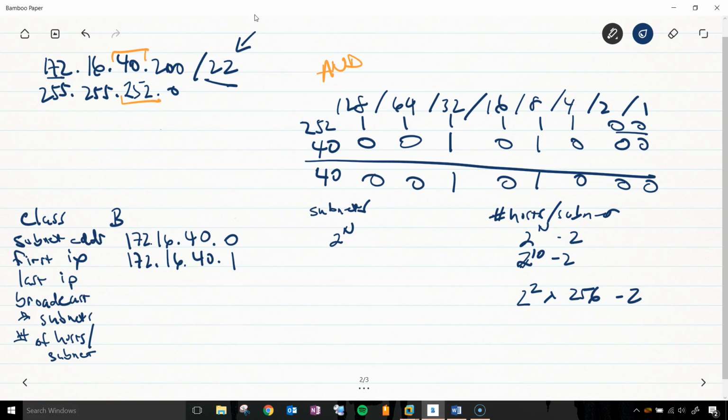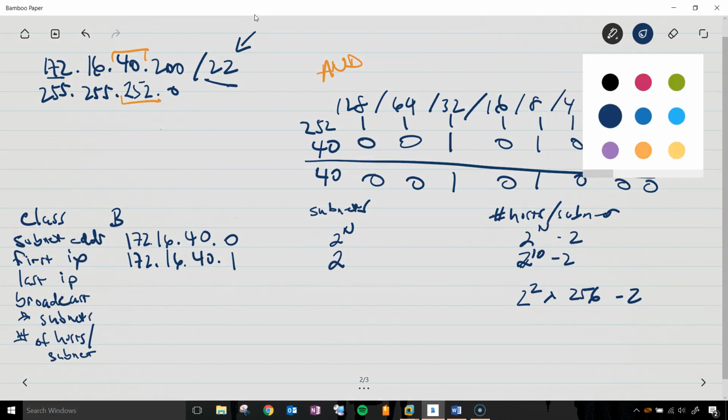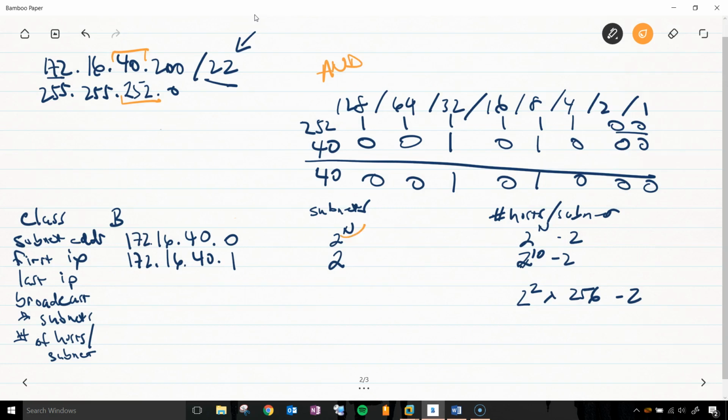Okay, so number of subnets. We had 2, and once again, the n here comes from the bits that are borrowed. The default subnet mask for class B is 255.255. So all of these bits are borrowed, which means that 1, 2, 3, 4, 5, 6 bits are borrowed, all of these, for the network.